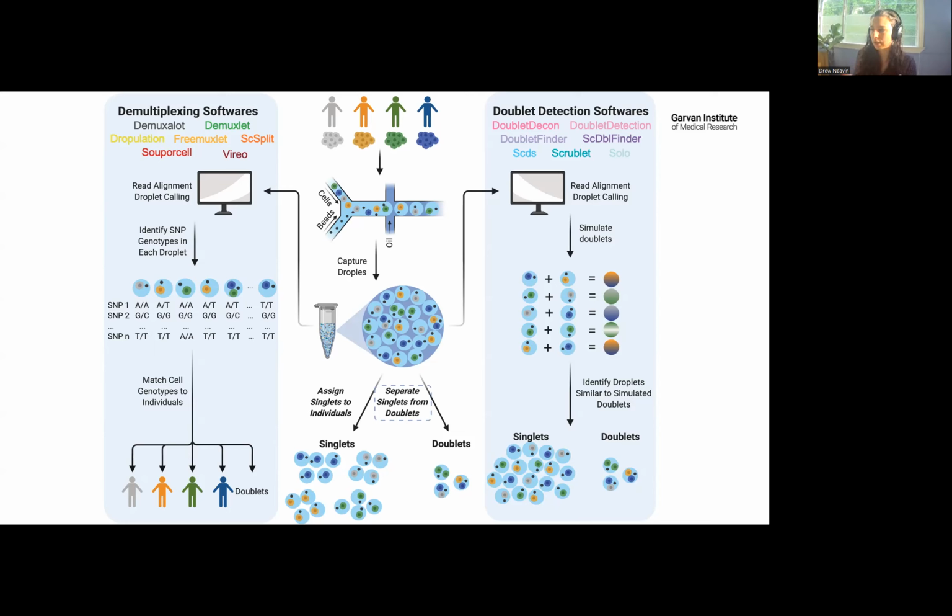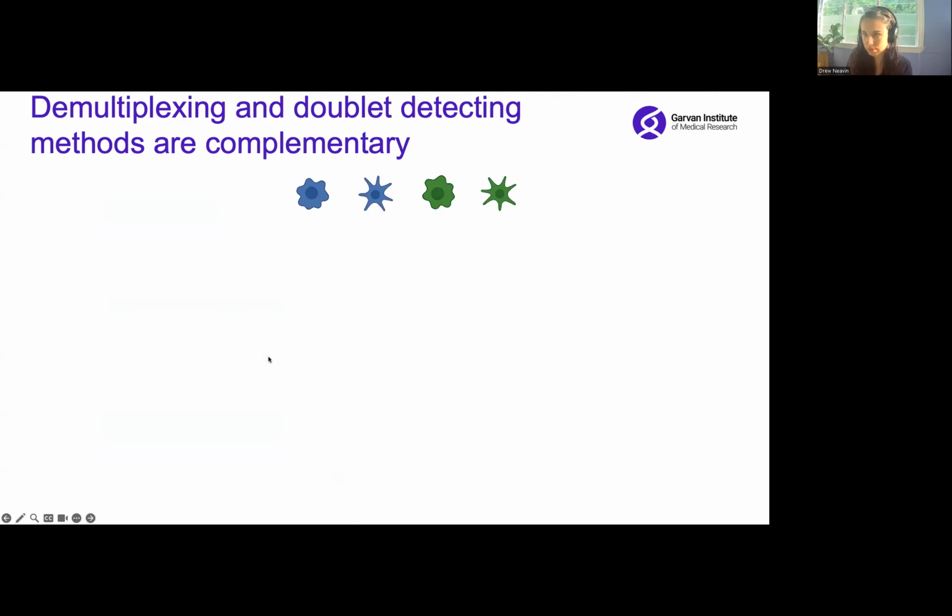And then they compare that cellular profile to all of the cellular profiles in your capture, so that they can identify the cellular profiles that are most similar to these simulated doublets, allowing you to identify and remove those doublets. And you might think, why do we even need doublet detecting software since demultiplexing softwares can also identify doublets?